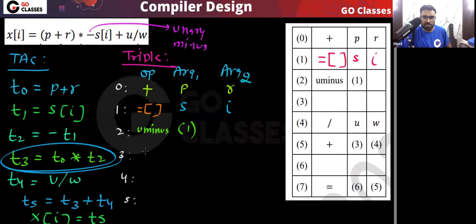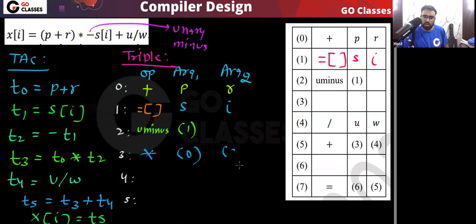What about this next instruction? The operator is star. Then we have T0, T2 as the arguments. T0 means position 0. T2 means position 2. Yes or no? Very simple. Remember, T0 is the result of the operation P plus R, and in the triple representation, to refer to the result of this operation, we do that by referring to the position.